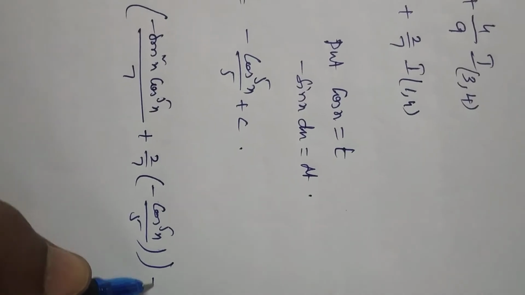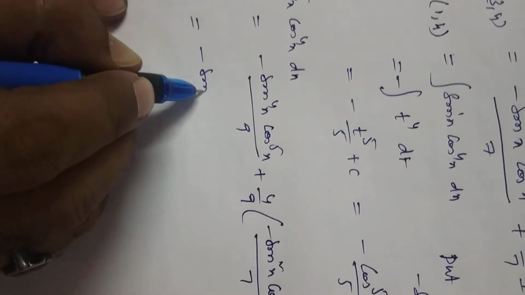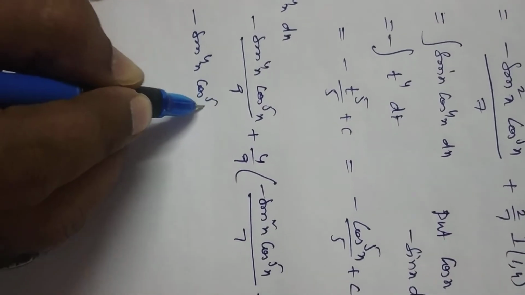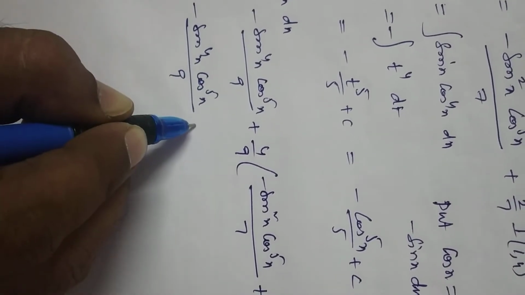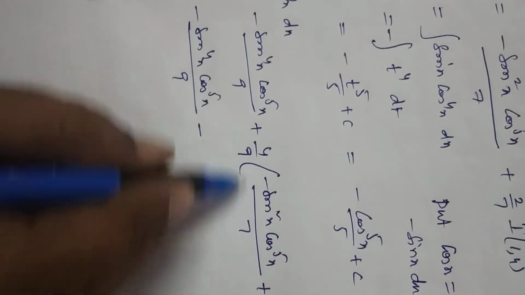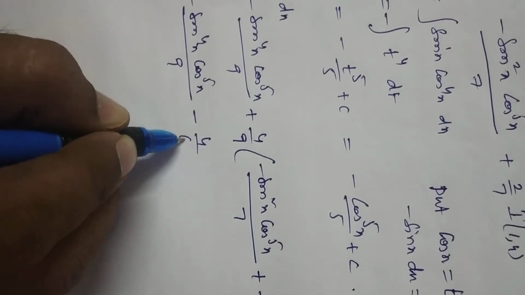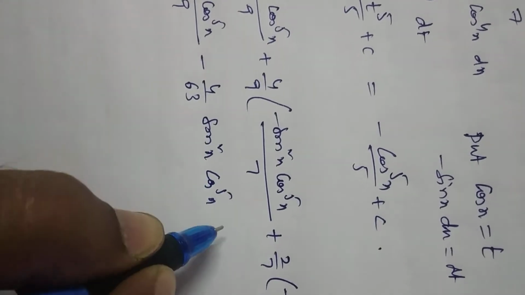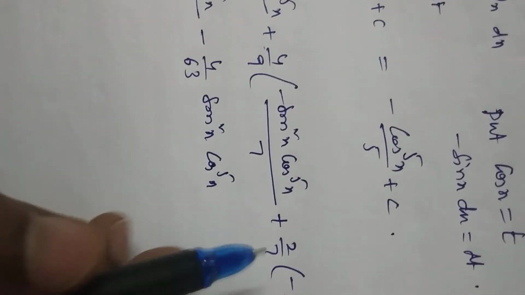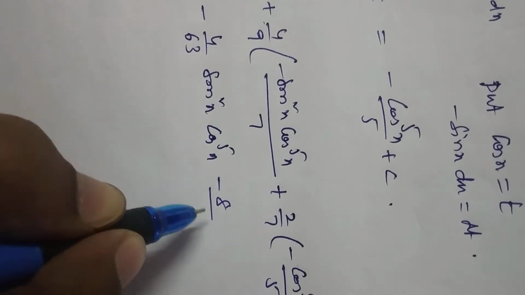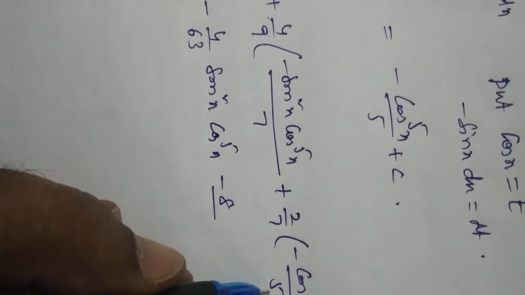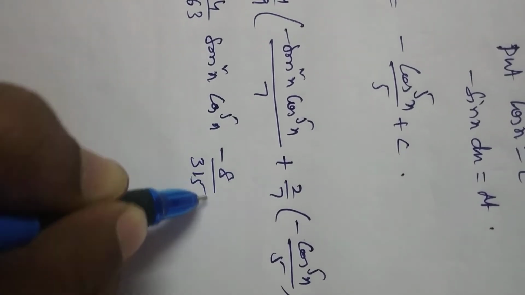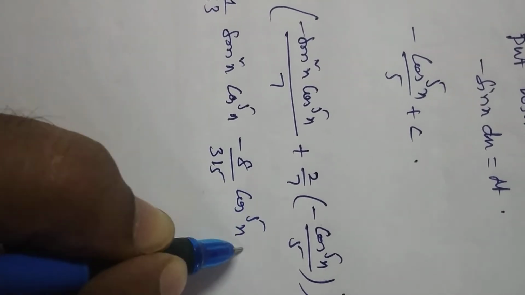Now simplifying completely: minus sin^4 x cos^5 x by 9, minus 4 by 63 into sin squared x cos^5 x, minus 8 by 315 into cos^5 x, plus c.